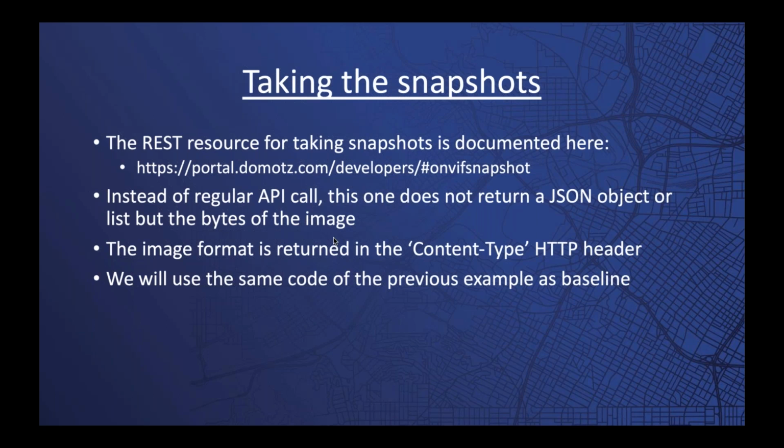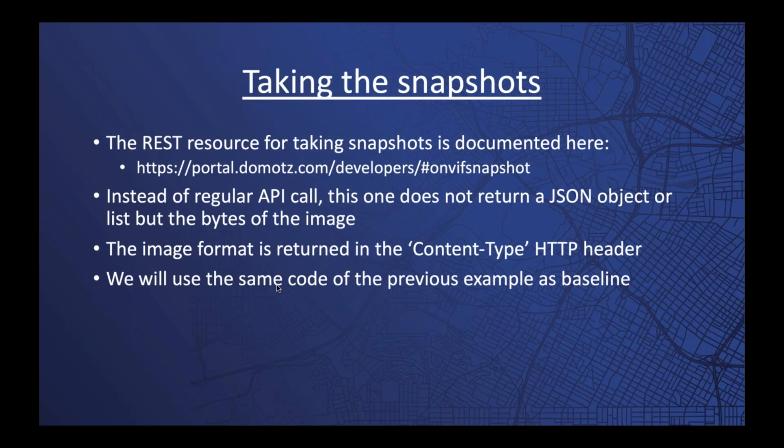The format of the image is usually JPEG, but it's not actually sure because the cameras can return other formats. Some strange cameras return TIFF formats or GIF images, so we cannot just assume that the format is JPEG. And the API will tell us which image format it is in the content type HTTP header.